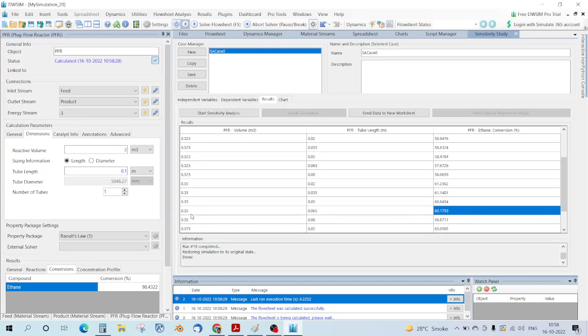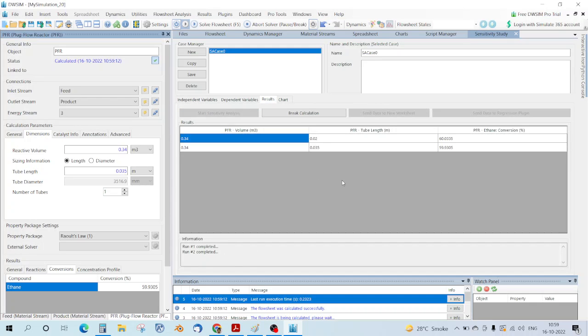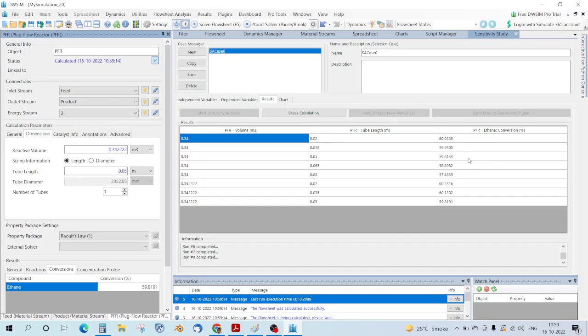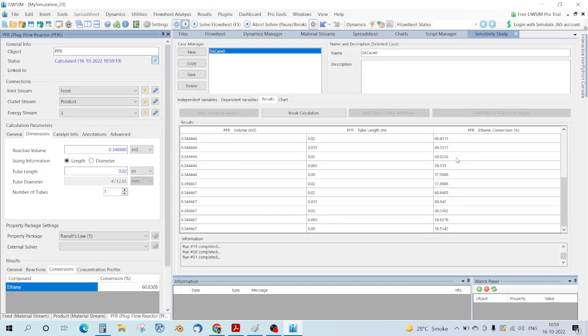If you want to go even more precise, we can take 0.34 to 0.36 and take different tube diameters. We can even take 10 points and find a more accurate, very close value over here.